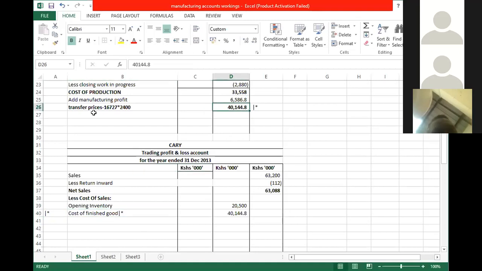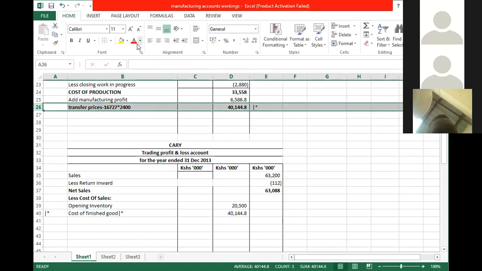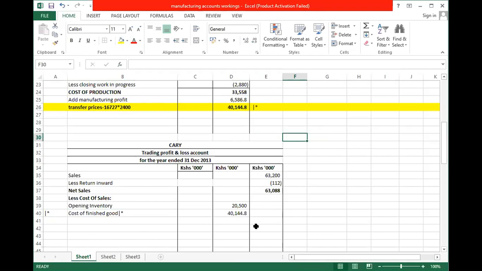It is this end item here. That last item is the one that we add here as our purchases, because it shows the figure at which these goods were produced or the figure at which they sold them to us. So 14,144. Can you see that?